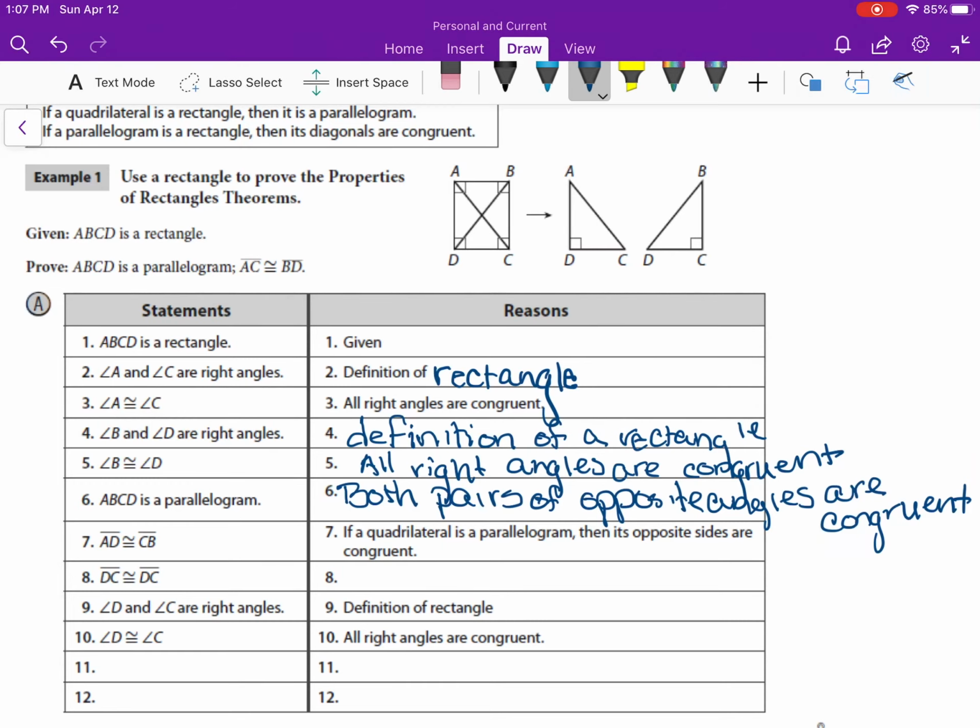Now, this is because we have divided it into two triangles. We're referring back to our triangle theorems as we are looking at these. DC is equal to DC by our reflexive property.